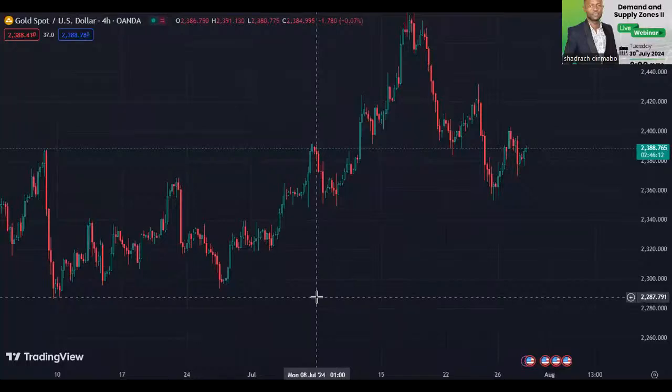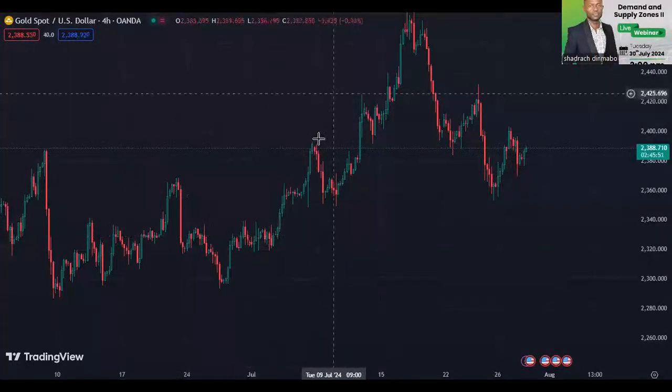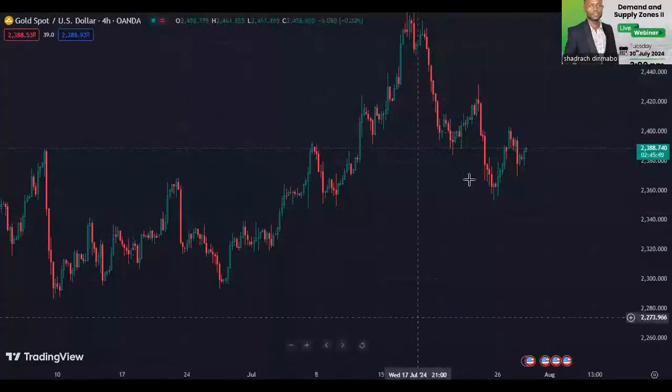Now, first of all, we want to look at the case for demand zone formation. We want to look at the different formations. First of all, for the demand zone formation, we have the drop base rally. Okay, let me bring up my tools.